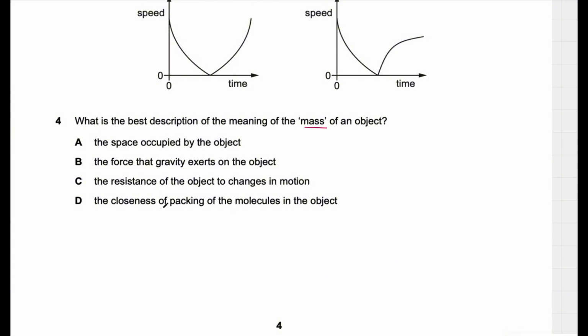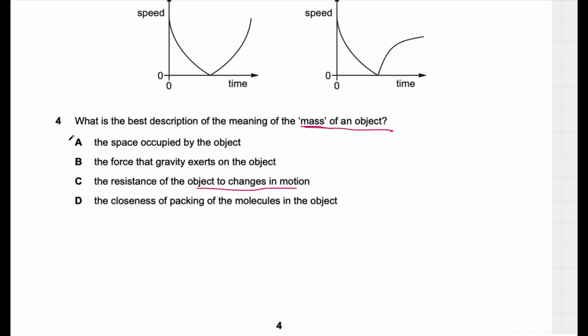The closeness of packing of molecules in an object. The resistance of the object to changes in motion. See the resistance? Mass. You say, what is the best description of the meaning of mass? Mass is the quantity of matter in an object. Okay? So let's see which one is closer.